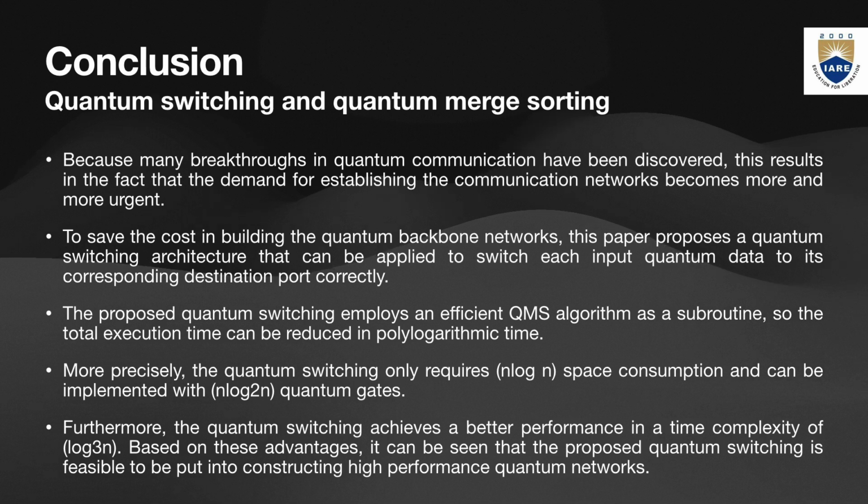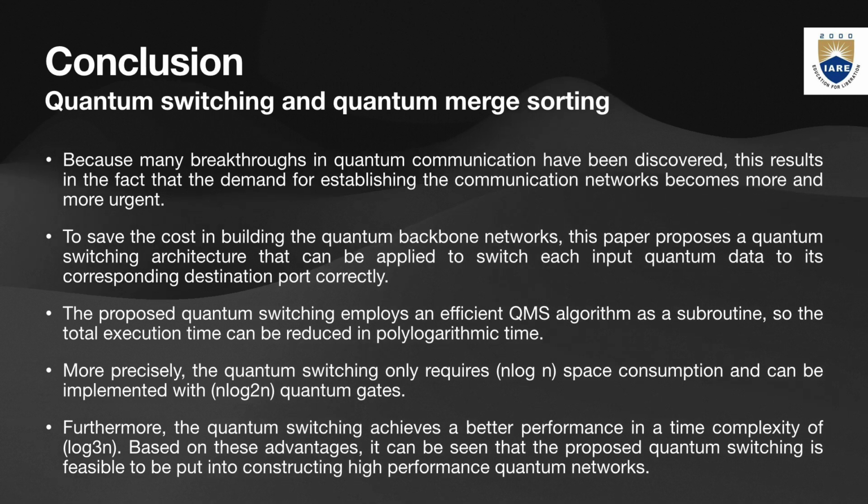The proposed quantum switching employs an efficient QMS algorithm as a subroutine, so the total execution time can be reduced to polylogarithmic time. More precisely, the quantum switching only requires n log n space consumption and can be implemented with n log 2n quantum gates.